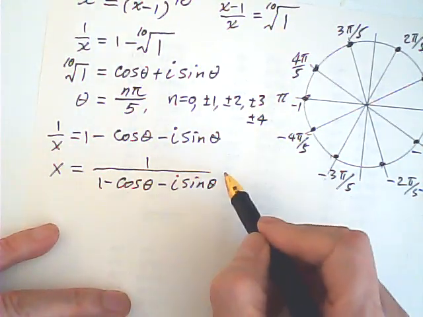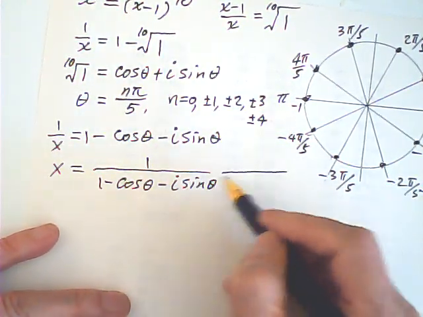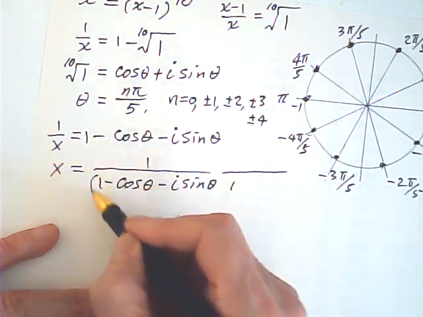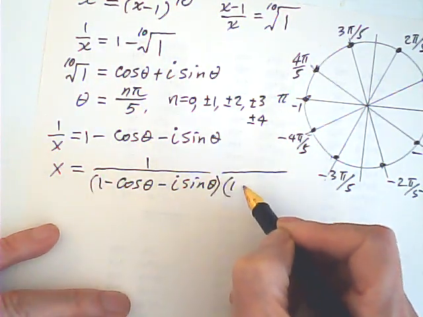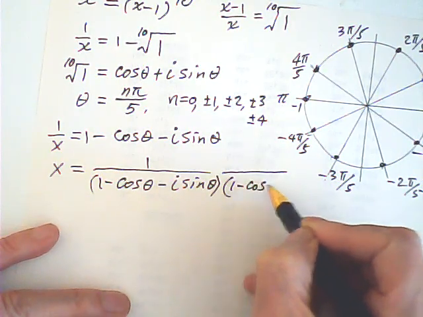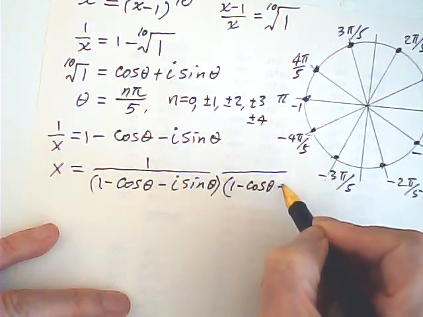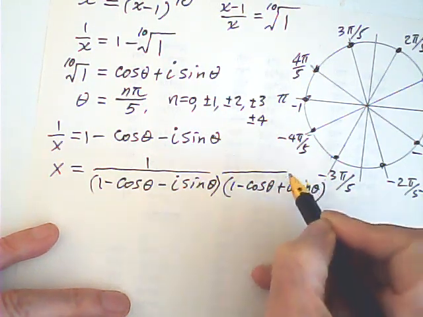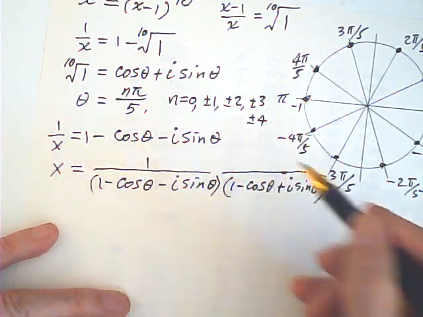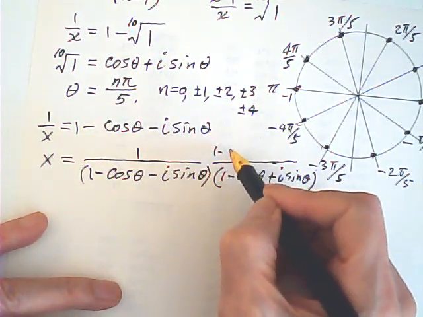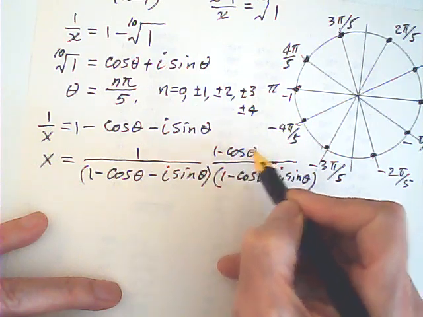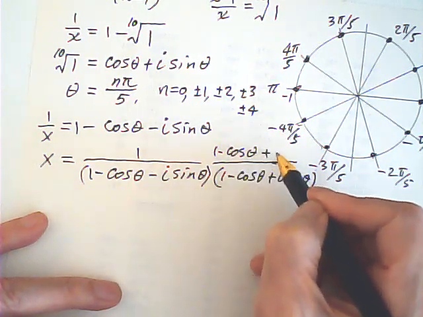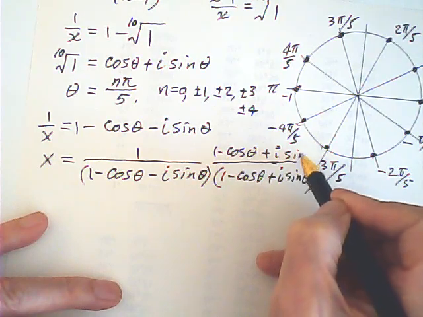Now, we multiply by the conjugate, right? This is 1 times 1 minus cosine theta plus i sine theta, and the same thing on top: 1 minus cosine theta plus i sine theta.